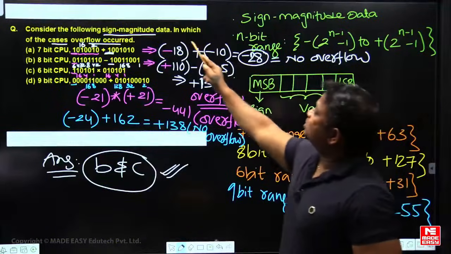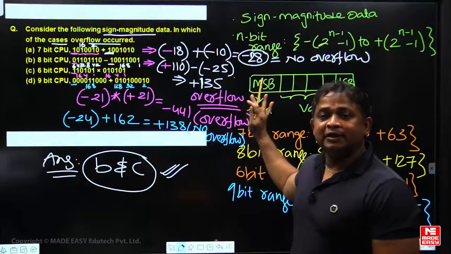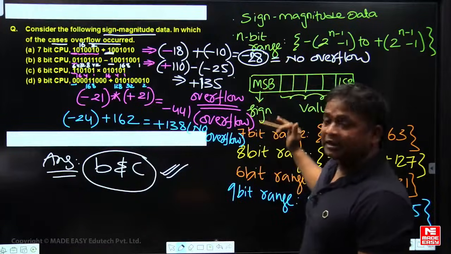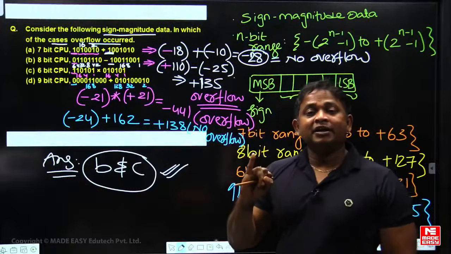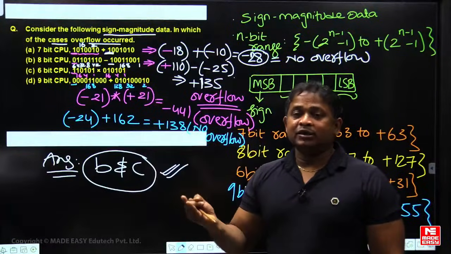Sir, regarding the previous question, are we restricted or strict to this method? Yes, obviously you should maintain the same methodology, because sign magnitude is practically not implemented, and one's complement is practically not implemented.